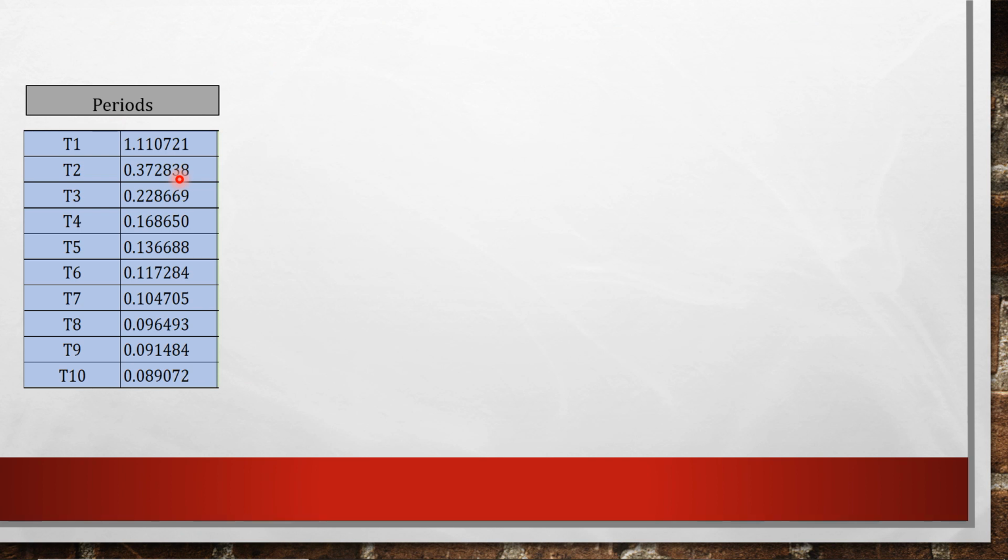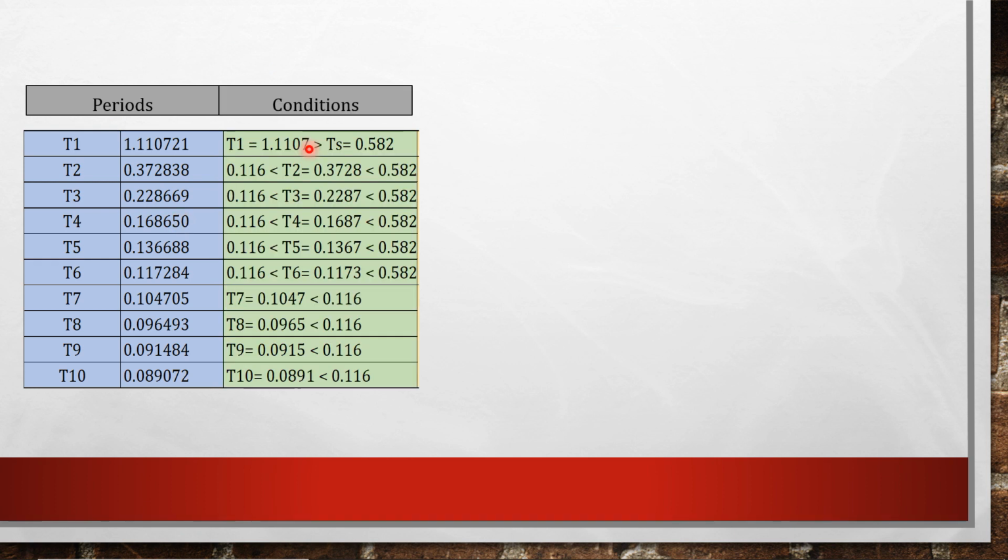So, bakit kailangan natin ito? Kasi meron tayong conditions. Kung yung T1 daw natin is greater than TS, yung na-solve natin na TS kanina, 0.582, from the figure, na-solve natin with the assumed value of CA and CV.